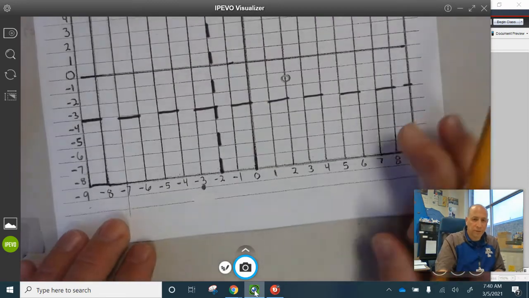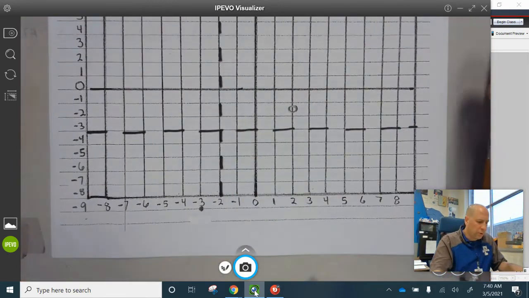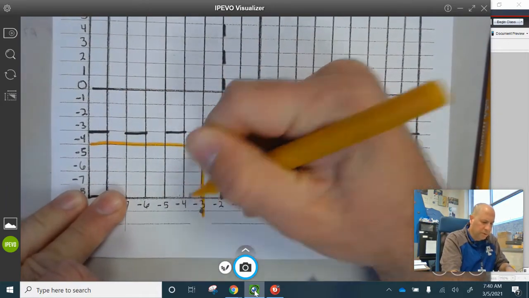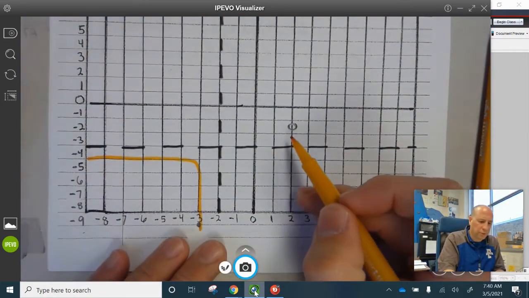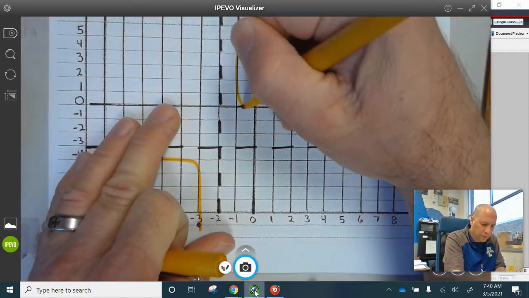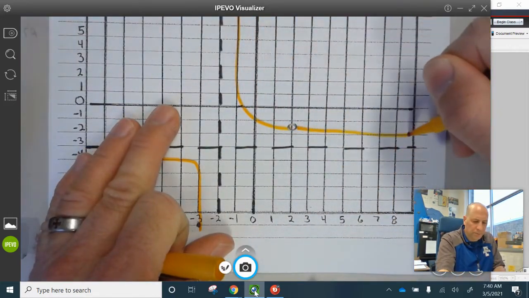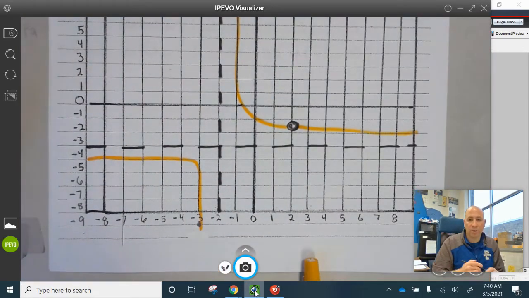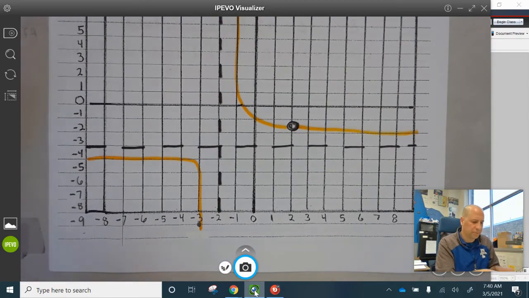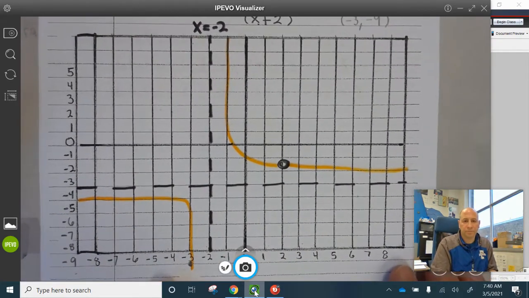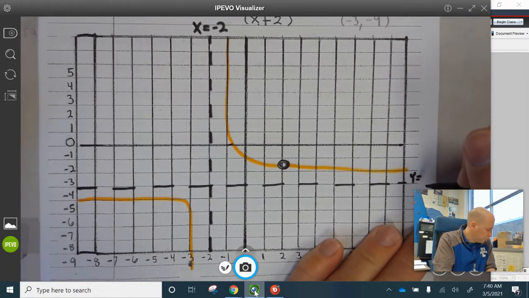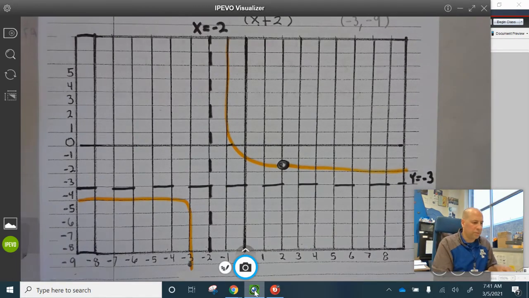So since our point is here, we know our curve is here, okay? Now, since we have the hole there, we know our curve is here, okay? And remember, that's an open circle, so it's not included there, okay? Oh, sorry, this is y equals -3. All right, so go ahead and finish that graph up.